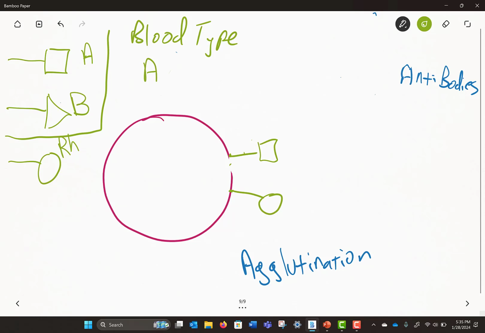When we talk about the ABO blood system, we just put down the antigens that they have. But when we talk about the RH, we say it differently. We say that this person is positive for the RH antigen or the RH factor. The positive means, yes, this person does have the RH antigen. This person is blood type A positive.